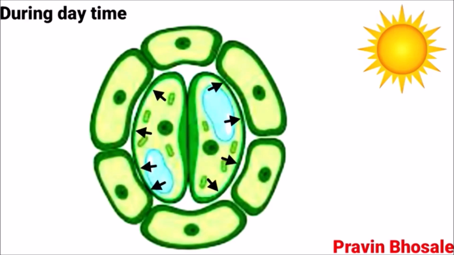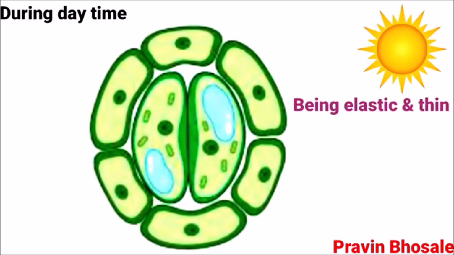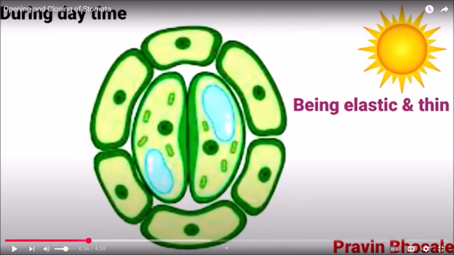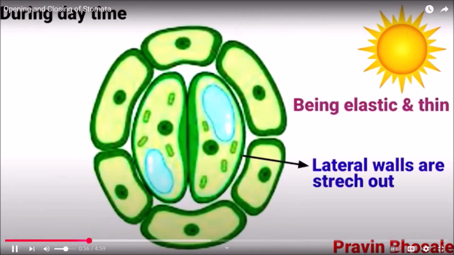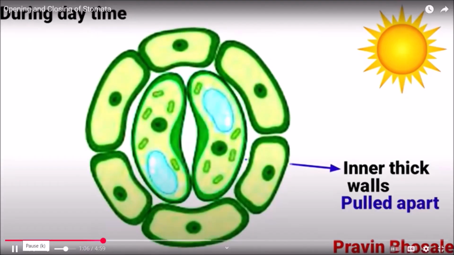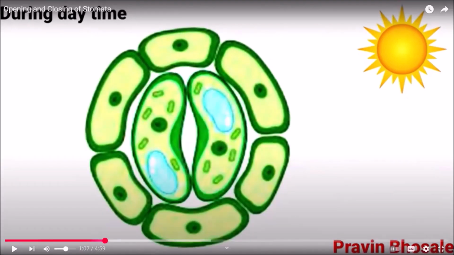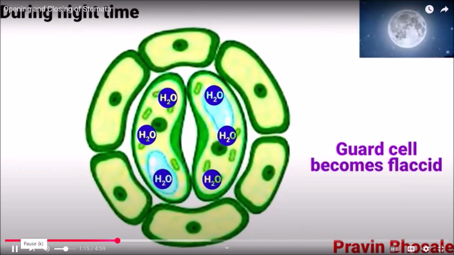The turgor pressure is exerted on the thin walls of guard cells. So these elastic and thin walls expand and stretch out. The thicker inner walls are pulled apart. Then the stomata opens.